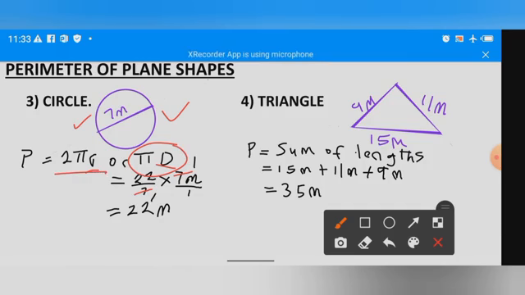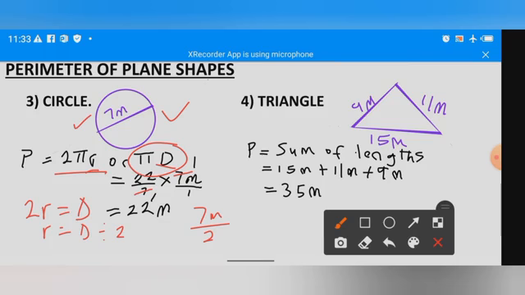If we want to use 2 pi r, we divide the diameter by 2. 2 radii gives a diameter. I'll put it this way, 2r equals d. So it means 1 radius equals diameter divided by 2. That means the radius is going to be 7 meters over 2.